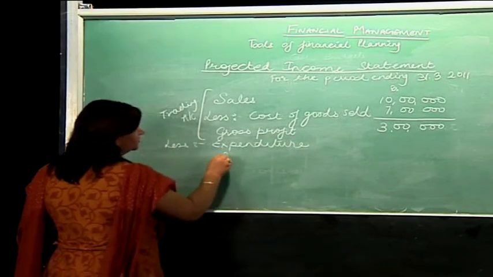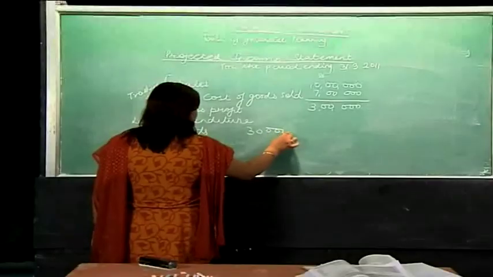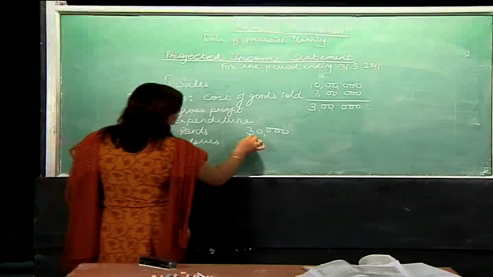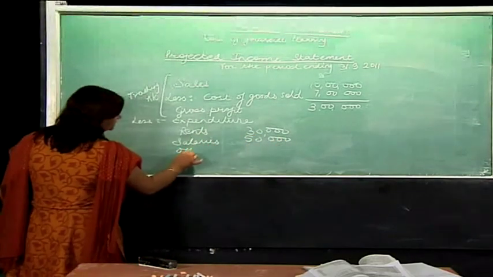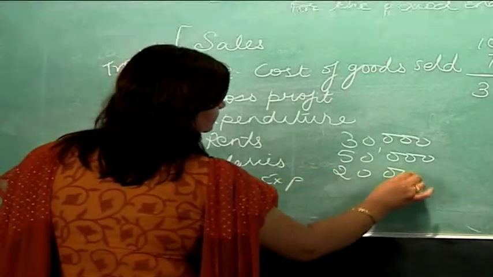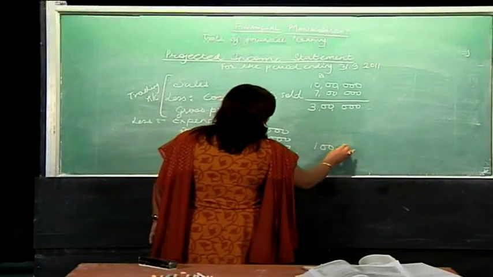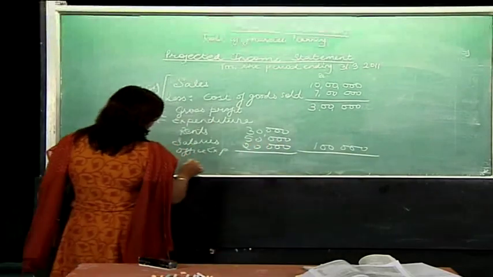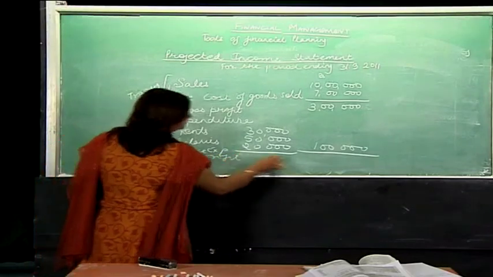It will be rents 30,000, salaries 50,000 and office expenses 20,000. So, together they are giving us a figure of 1 lakh. So, our net profit will be 2 lakhs.